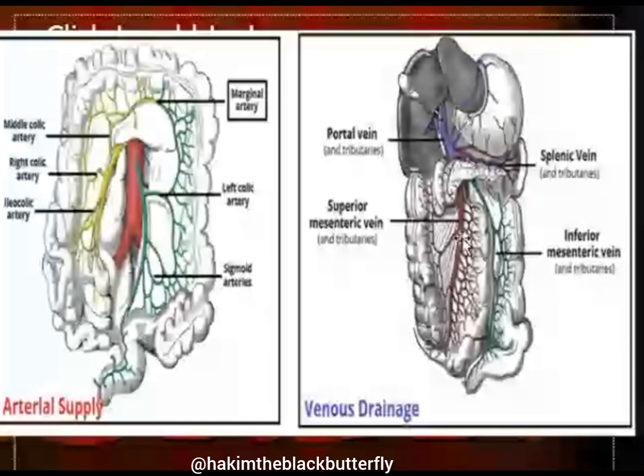So here we can see the right colic artery supplying it, a branch of the superior mesenteric artery, and the vein is the right colic vein draining into the superior mesenteric vein.